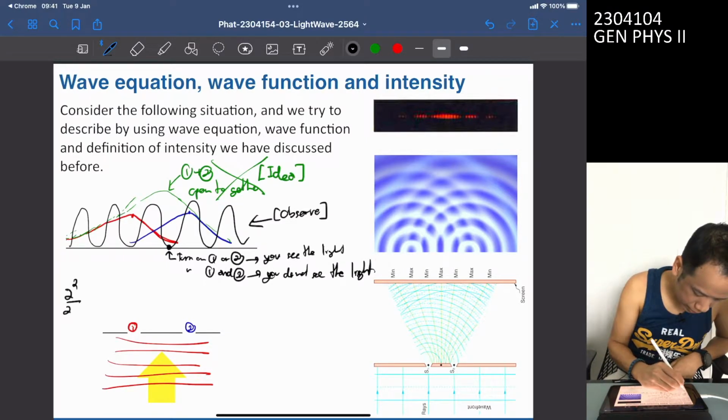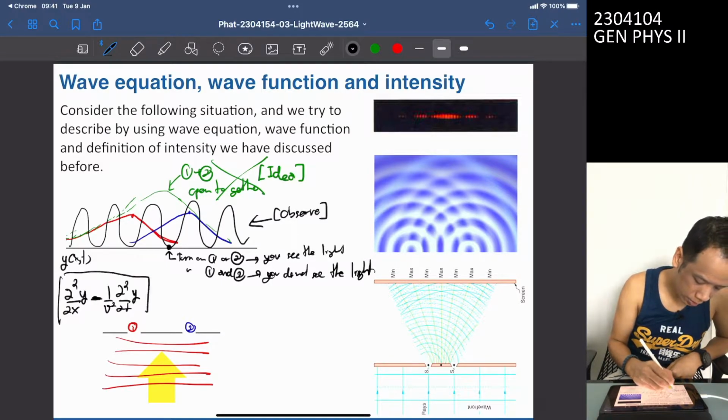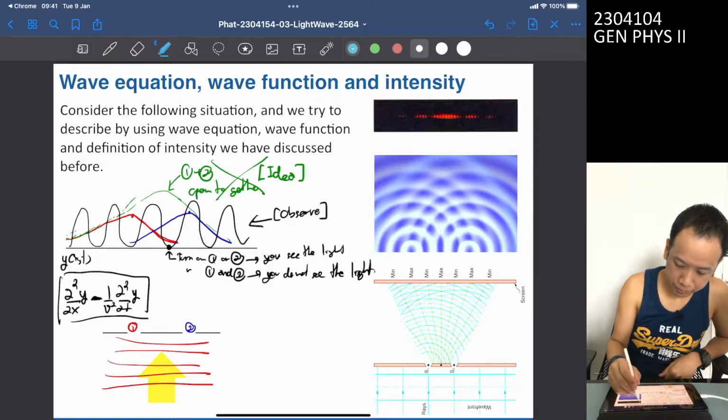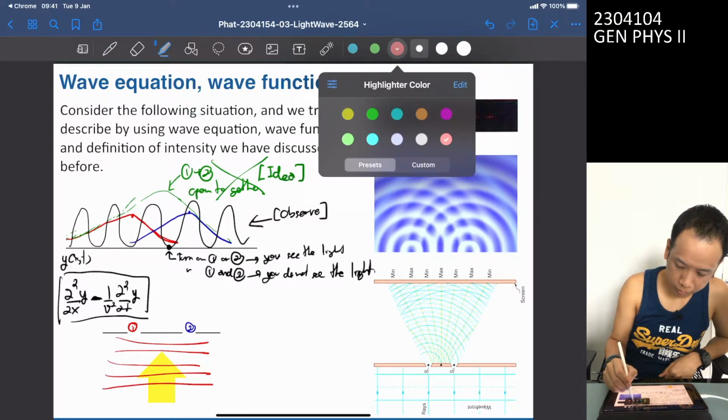The second derivative with respect to x of y, where you have the wave function y(x,t), equals the second derivative with respect to t. This is the wave equation.